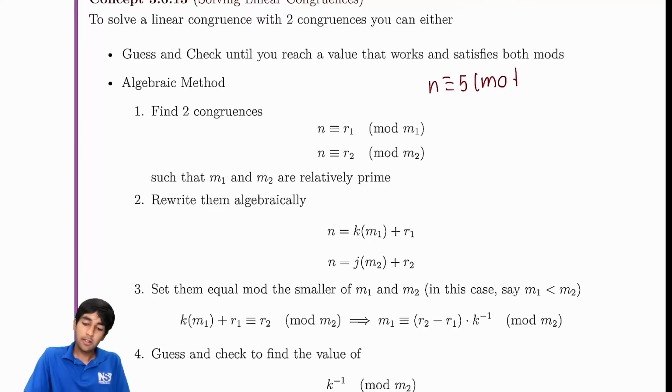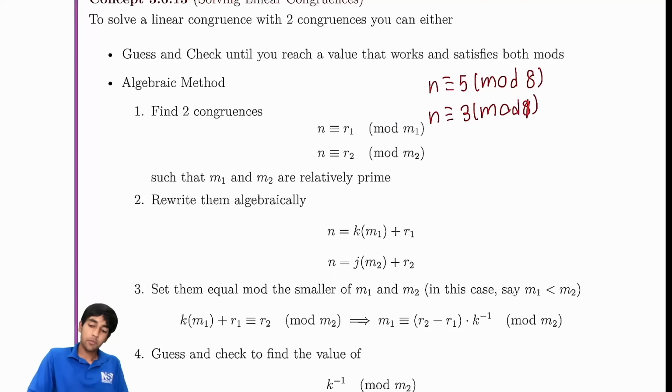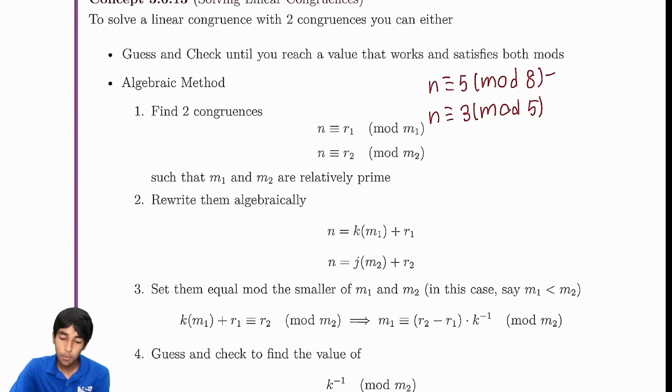Let's see, we have n is 5 mod 8, and we also have n is 3 mod 5. So I'll show you the general strategy of going about solving these. And the strategy is to use the algebraic form. Because a number can be represented as 5 mod 8, we can also say the number is 8a plus 5, where a is something.